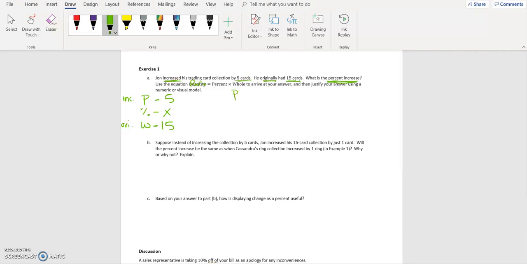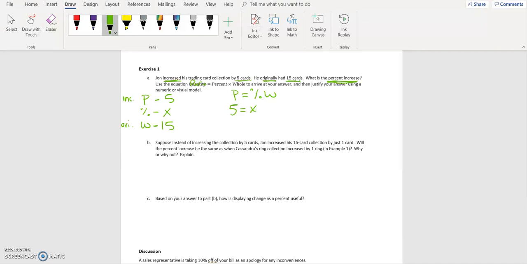Always write your equation first. P is equal to the percent times the whole. So P we said is 5, so instead of a P, I'm going to write a 5. Is equal to x, because the percent is going to be our variable. We don't know that.